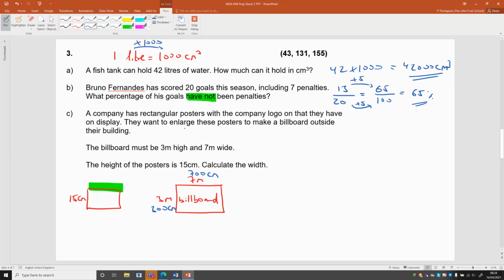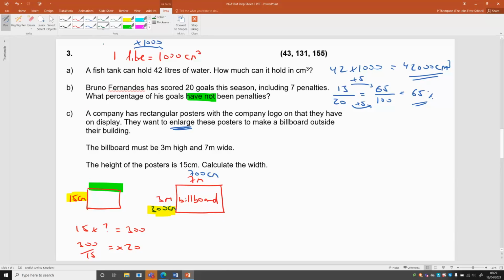Remember, these are enlargements, so I want to find the scale factor. If you look at these two sides, they match up. 15 times something is 300, but if you do 300 divided by 15, you get 20. So the scale factor is 20.